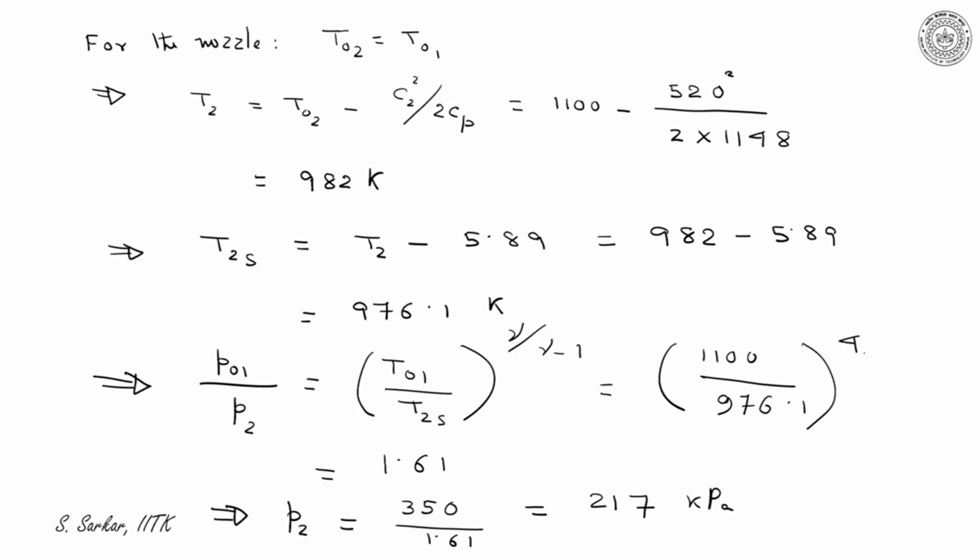Let's go to the next slide. Thus, I can say rho 2 is equal to P2 divided by R into T2.